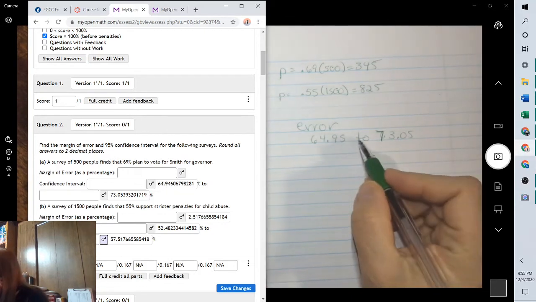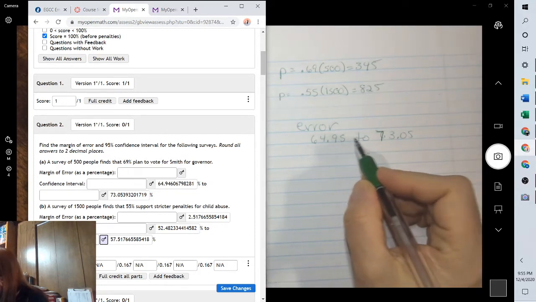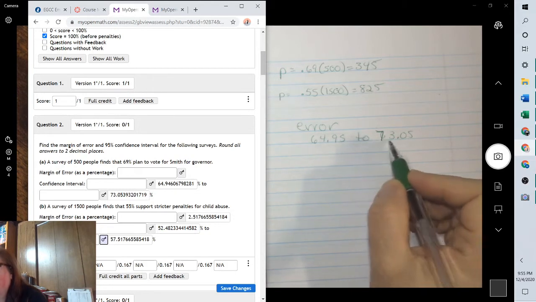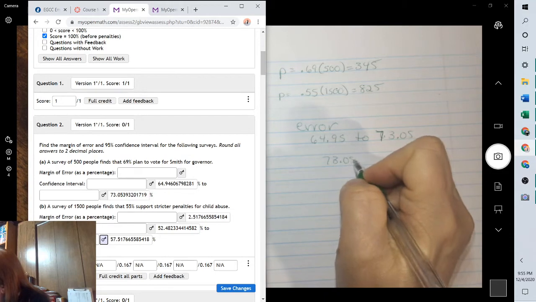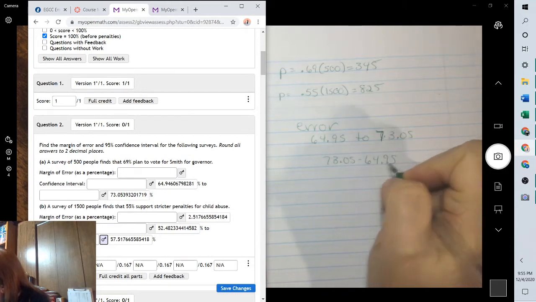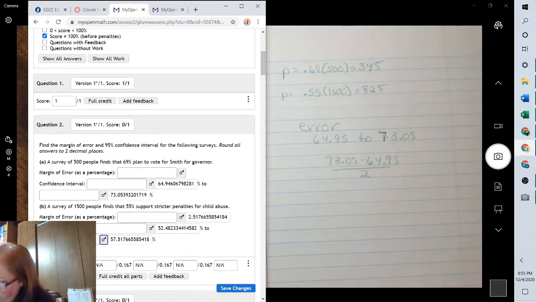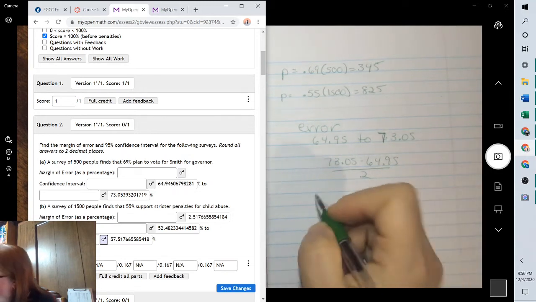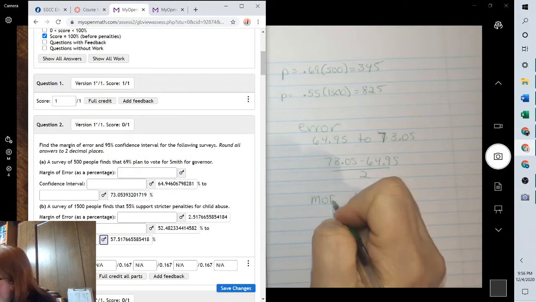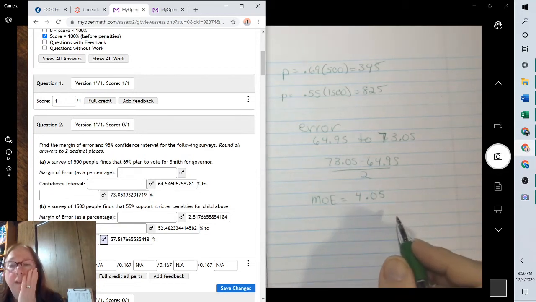The error is when you find the middle, how far it would be halfway. So you subtract them, and divide by 2. So the margin of error is 4.05.